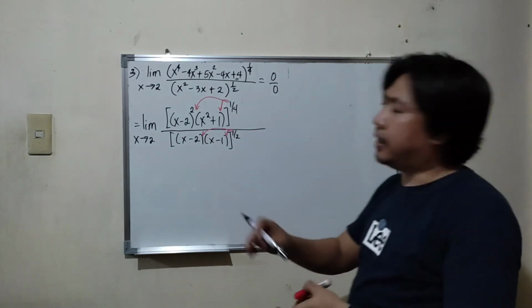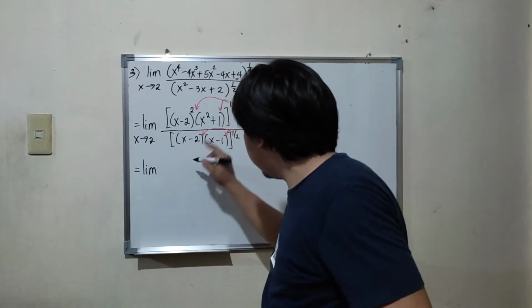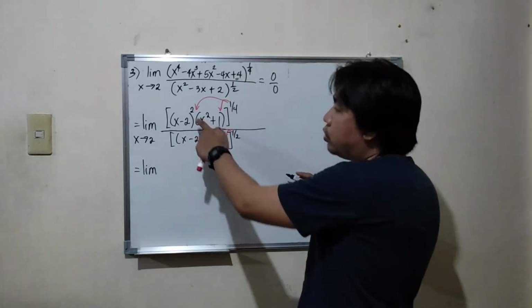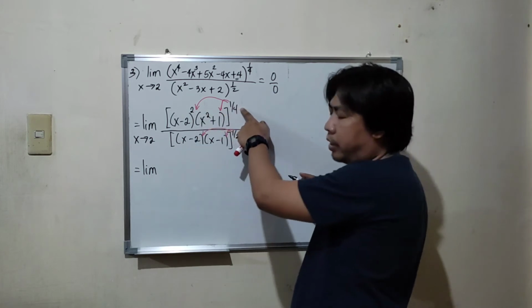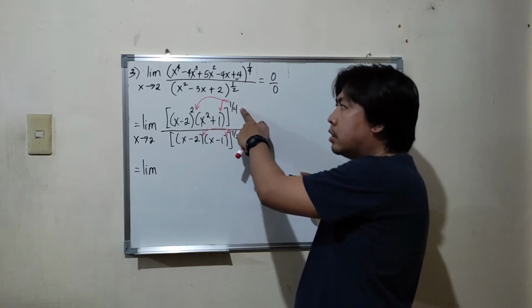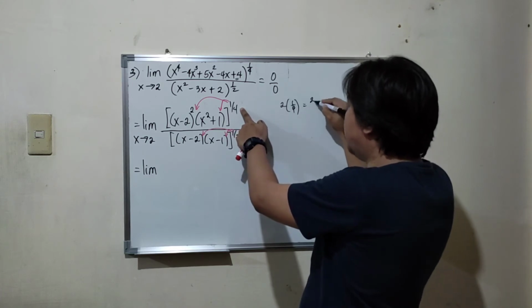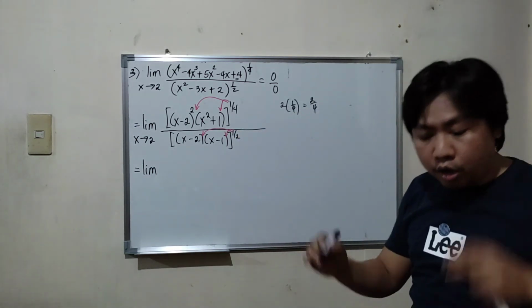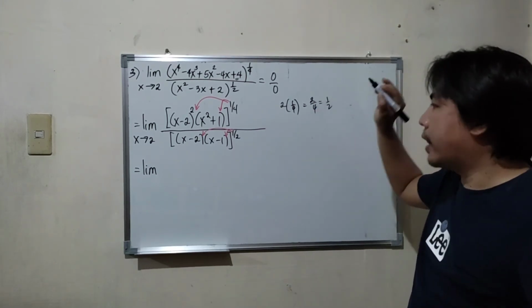Okay, so therefore ang magiging expression natin equals limit of x minus 2 squared raised to 1/4. So magiging 2 times 1/4. So magiging 2/4 na lang siya. Or lowest term, that is equal to 1/2.